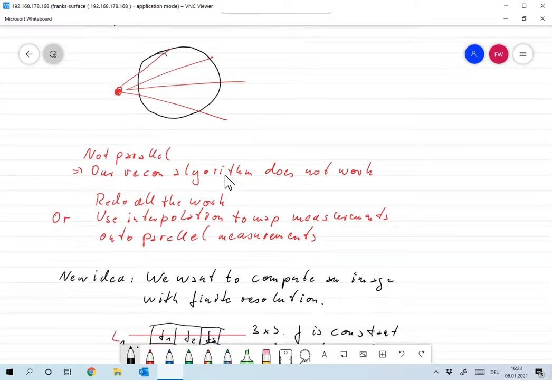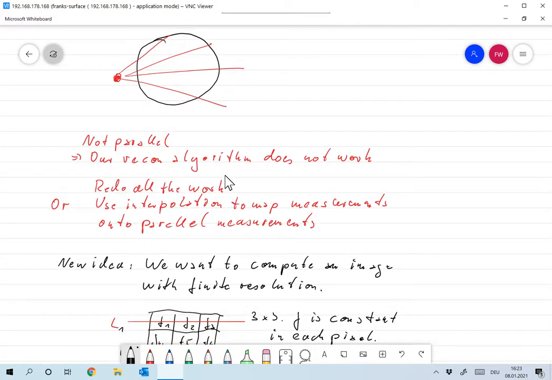Now, what can we do? Well, we can derive a special reconstruction algorithm for this geometry, which is possible and can be done. Or we can use the second alternative: we can just use interpolation to map the measurements that we have onto a parallel geometry and then do our analytic reconstruction from that.